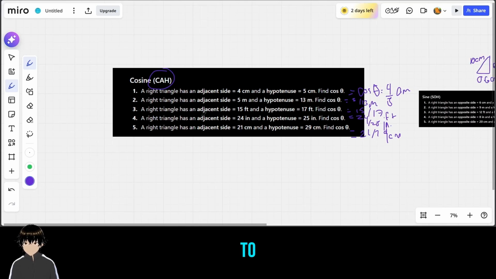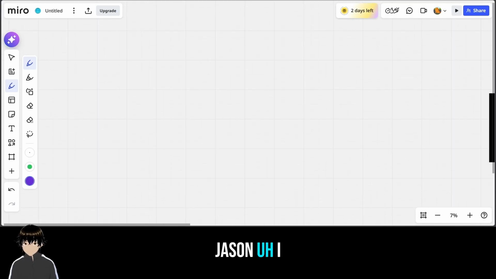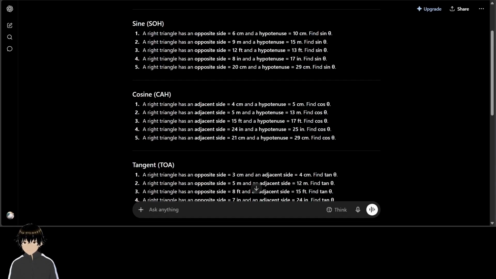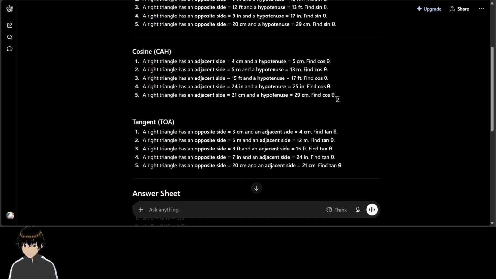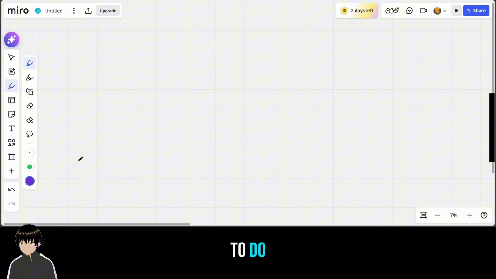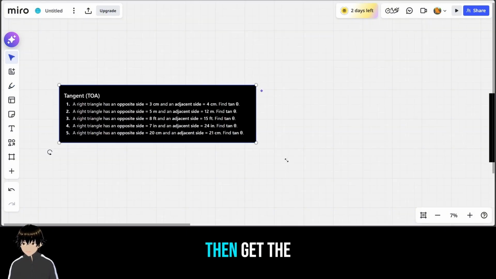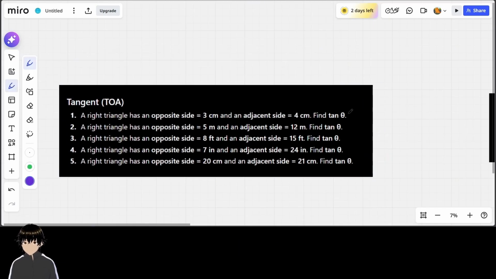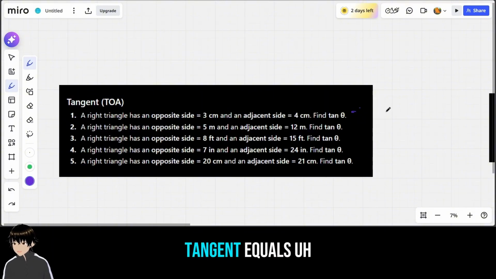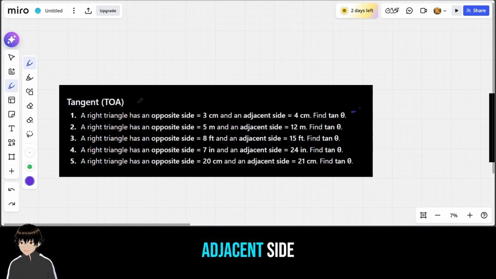Now we're going to tangents. All you have to do is divide them, then get the simplest form if possible. So TOA is just equal to tangent equals opposite over adjacent side.